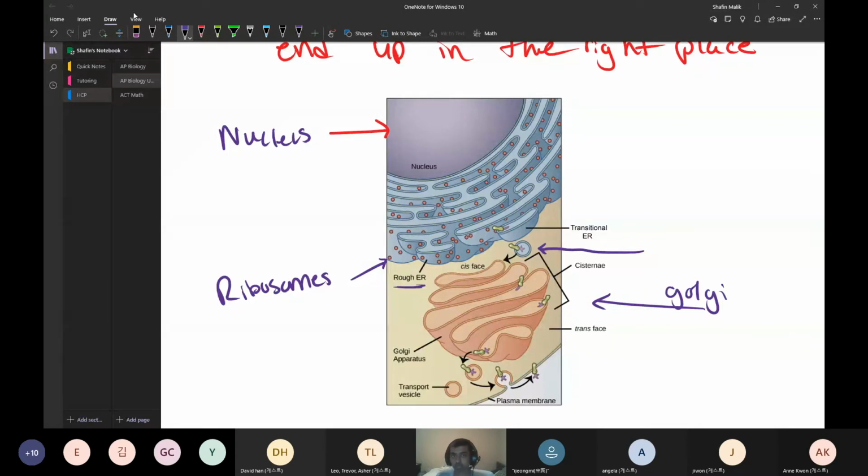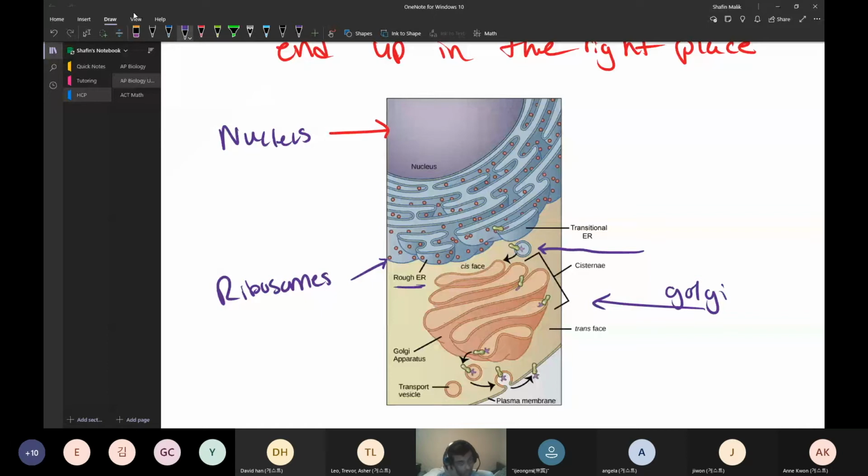Okay, and then if it doesn't have that tag, so not all of the vesicles from the ER will have that carbohydrate tag. If it doesn't have it, then the protein will not go to the Golgi apparatus. They will go straight to the cytoplasm, and then it will operate in the cytoplasm because that is where those proteins are supposed to operate.